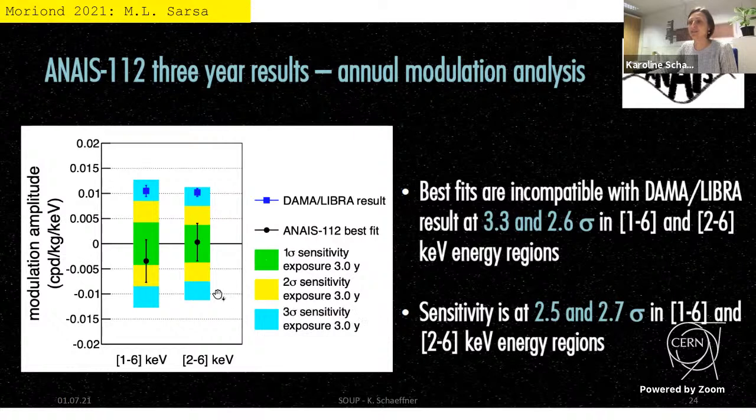This is the result they achieved now with 3 years of data taking. Their detectors have a slightly higher background, because the crystals are not as radio pure as the DAMA ones. And of course, they have a smaller target mass by a factor of 2. And this is what they achieve.